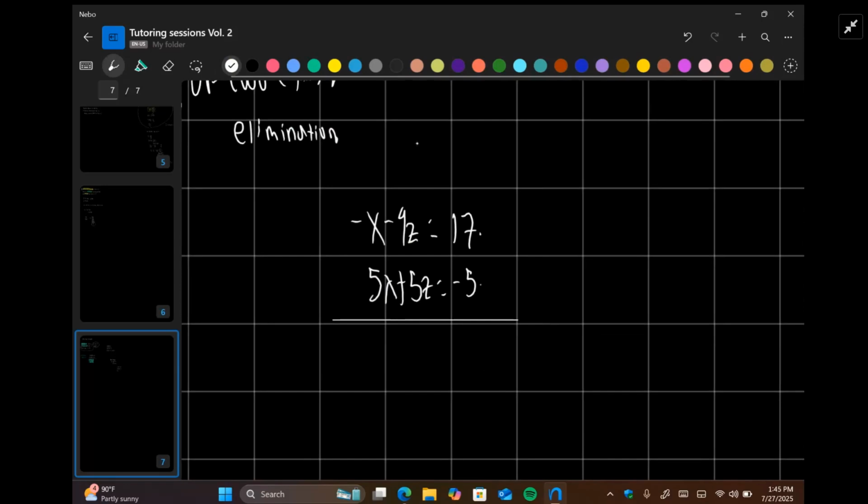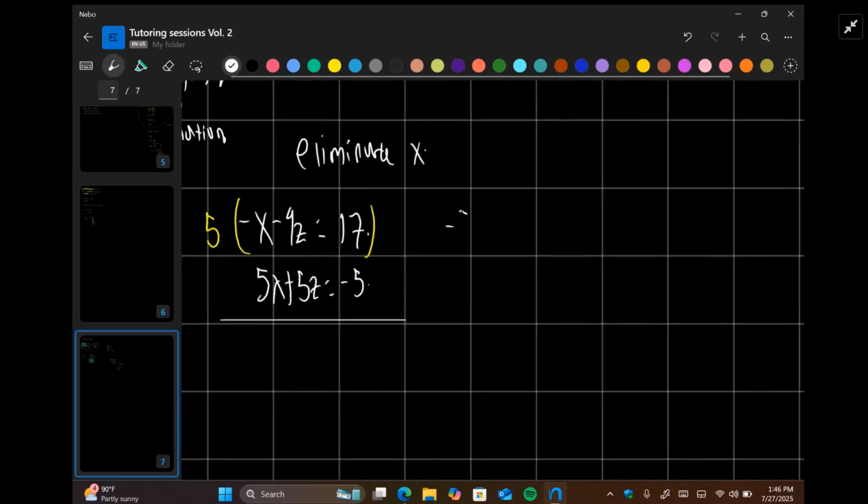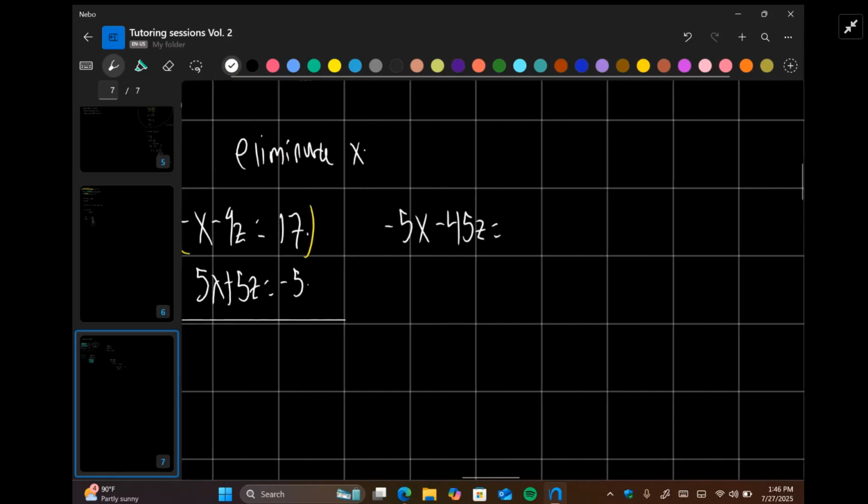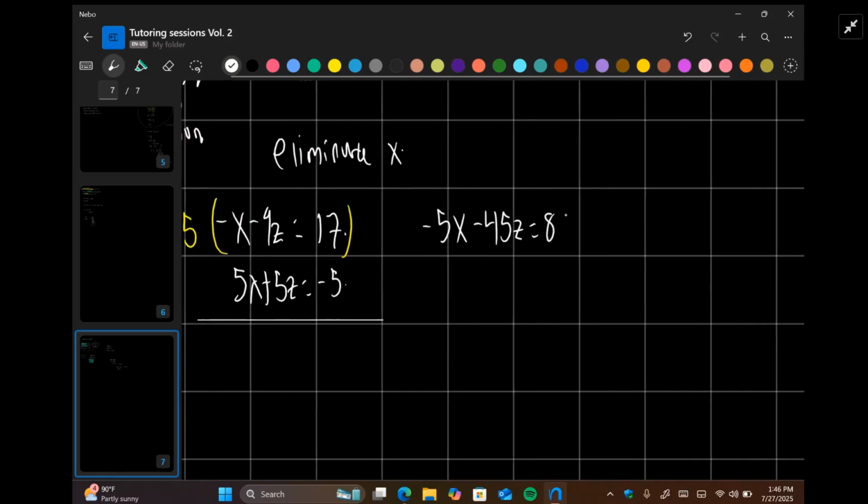We're going to eliminate x. Here we have 5 times -x, so -5x minus 45z equals 85.